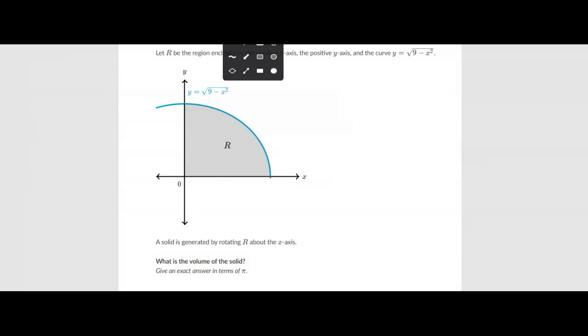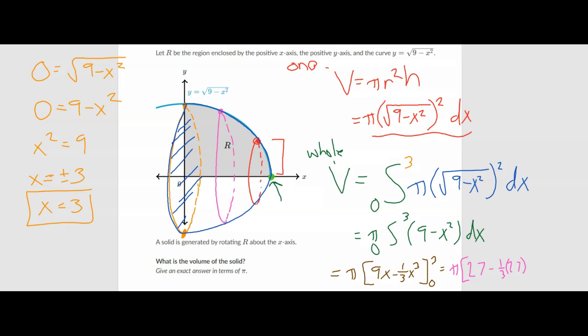And of course, when I substitute in 0 to both of those terms, I'm going to get 0. We'll go up here. 27 minus 1/3 of 27, so 27 minus 9, that gives me 18. So 18 pi would be that volume.